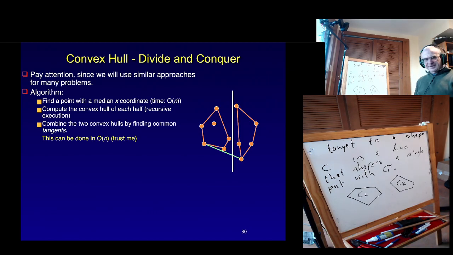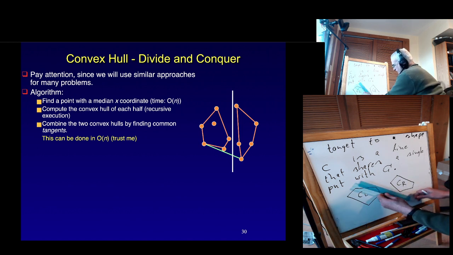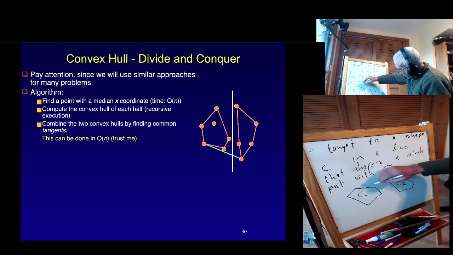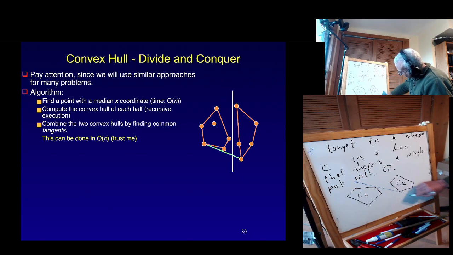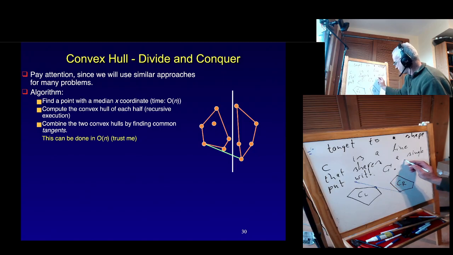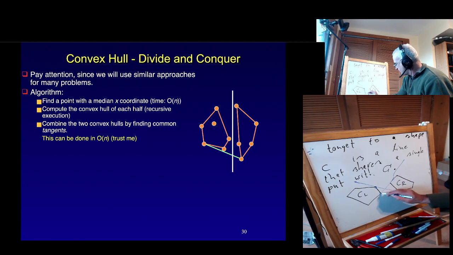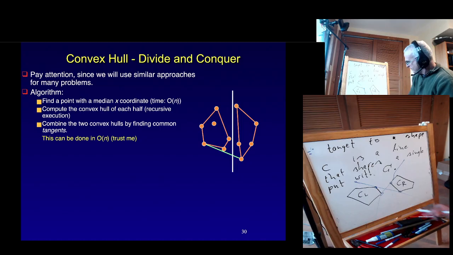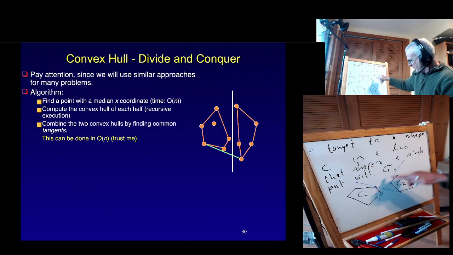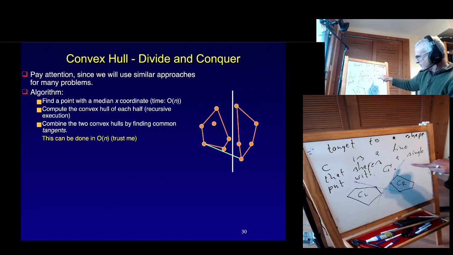I can guess from my silence that I think maybe four. Four is the right answer, because here is one. Here is another, kind of straight, not really a line, that is another common tangent.